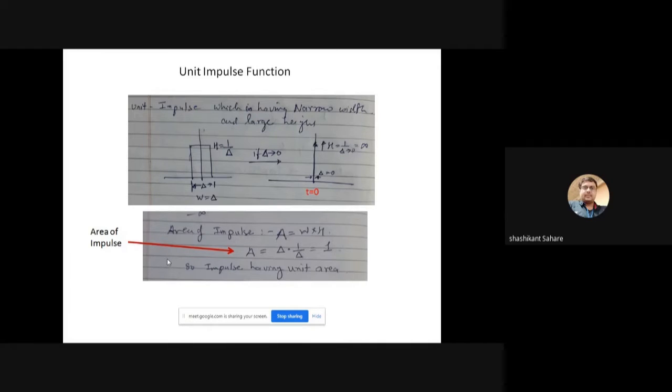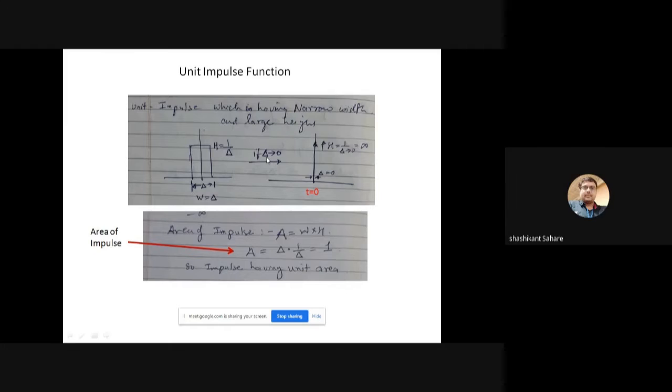So the unit function is nothing but something having a very narrow width and a very large height. If we can visualize this unit impulse function, it shows a rectangular pulse having a width of delta and a height of 1 by delta t.